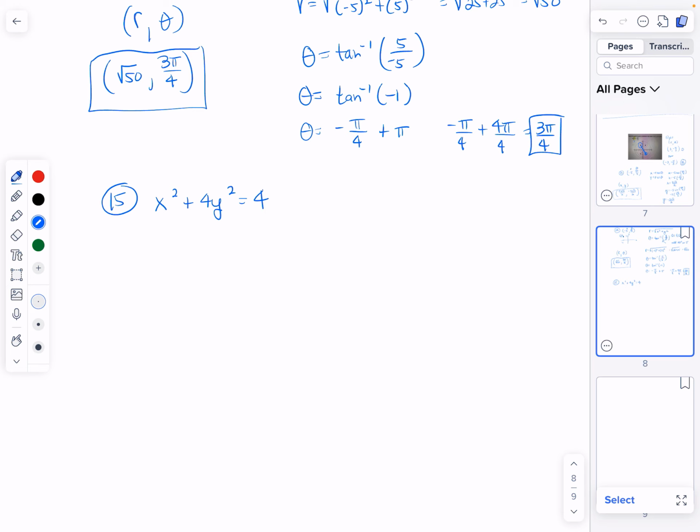Okay. So I can say that r squared equals x squared plus y squared. You know, that's a possibility. So what I'm going to do is write this as 2 squared. That might help a little bit.